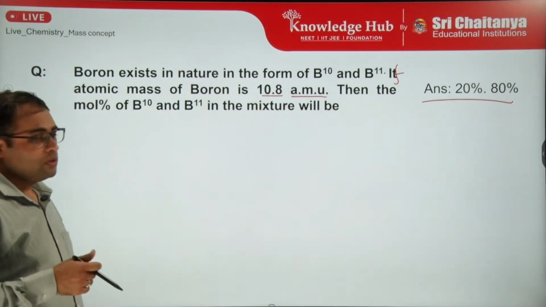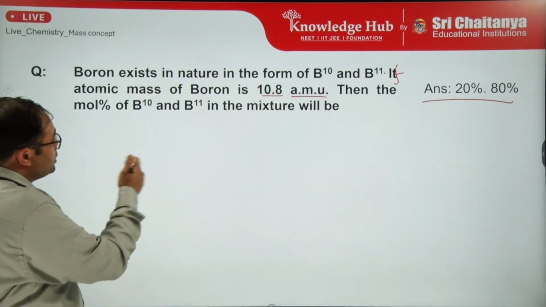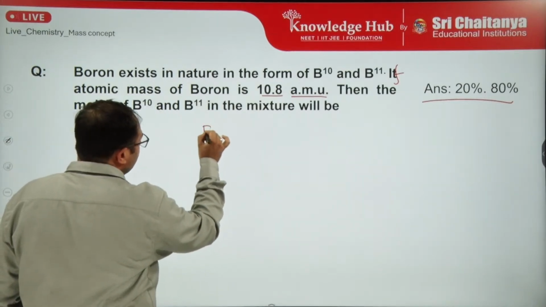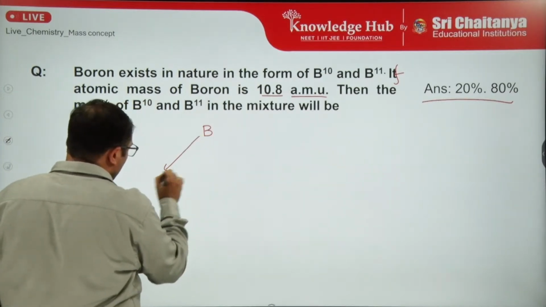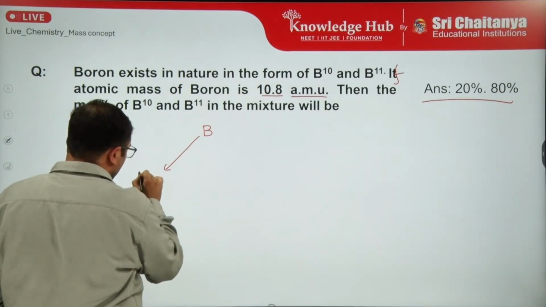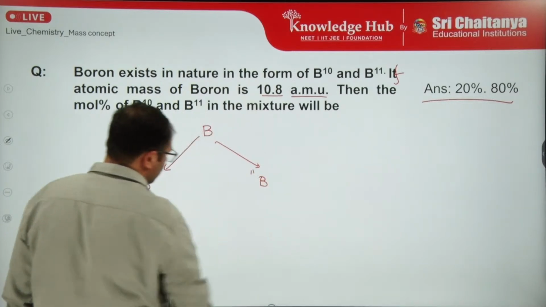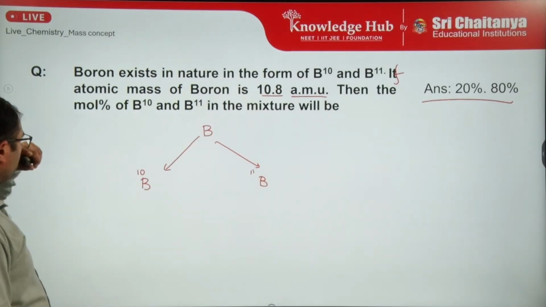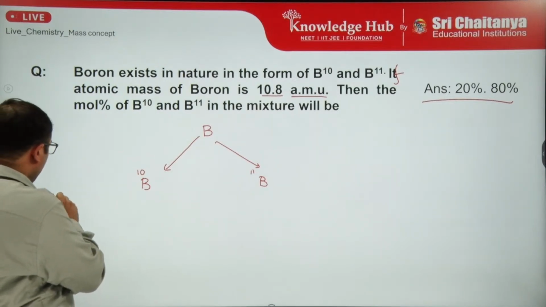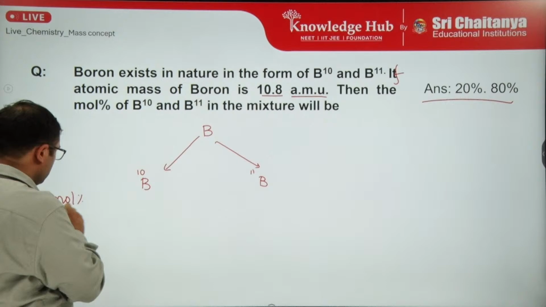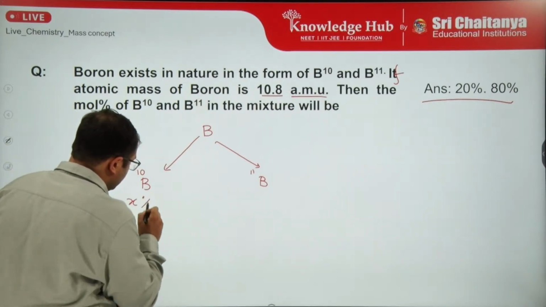Right. Okay, have you tried it? I hope you have. So let's get started. So we have boron here, right? Boron has two isotopes, boron 10 and boron 11, right? Now suppose the mole percent of boron 10 is X percent.